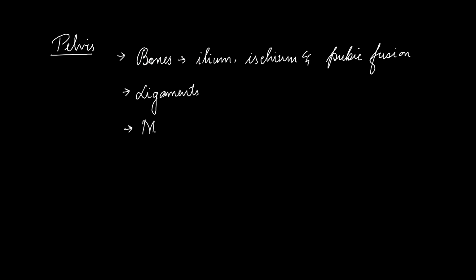Next one, we have the muscles. In the muscles, the first one which we are going to tell about is the obturator internus muscle. Second one is the arcus tendinous levator ani.